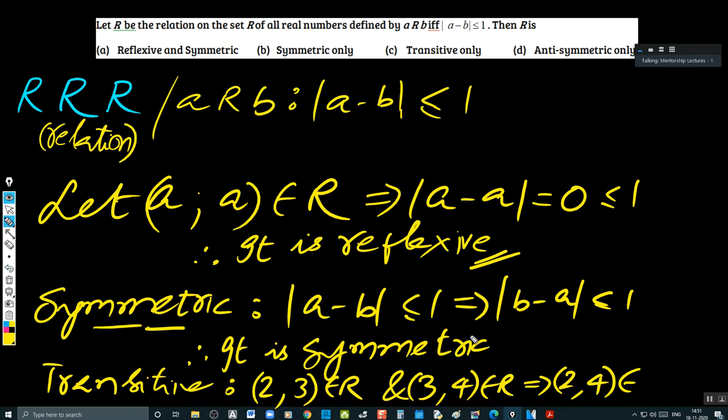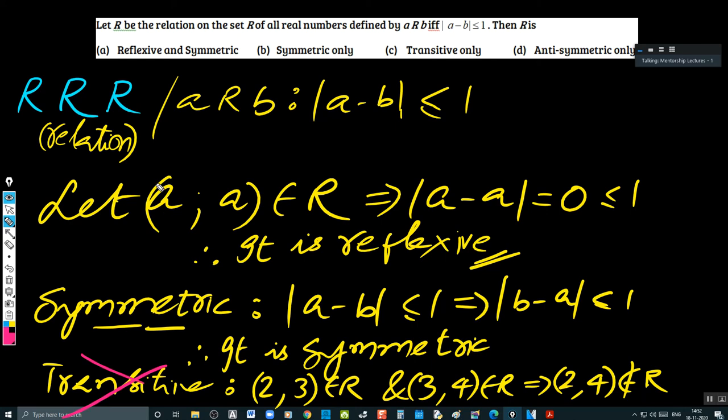No one responding. You have to substitute them in the modulus here. Substitute: 2 minus 4 is not less than or equal to 1. Yes, sir, it is greater than. Therefore, not transitive.